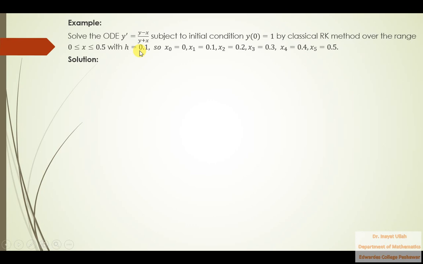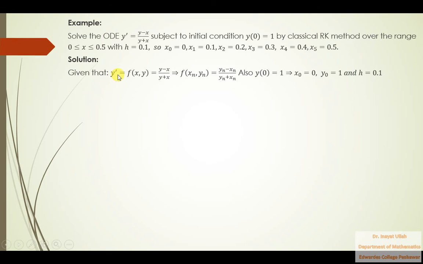If these are the values for x, then x0 will be 0, x1 will be 0.1 by adding 0.1 to 0, x2 will be 0.2, x3 will be 0.3, x4 will be 0.4, and x5 will be the last value, which is 0.5. Anyway, we need to use the RK method to solve this differential equation.